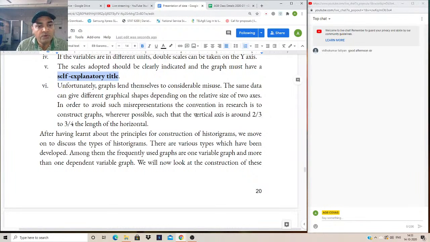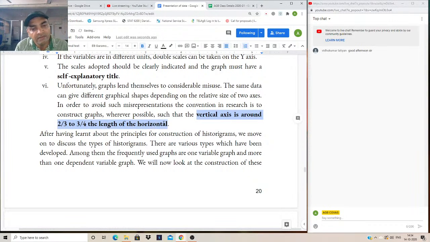So, in order to avoid such misrepresentation, the convention in research is that, wherever possible, the vertical axis should be equal to three-fourths of the horizontal axis. So there will be a symmetry in the shape of the graph, so that nothing becomes very steep.